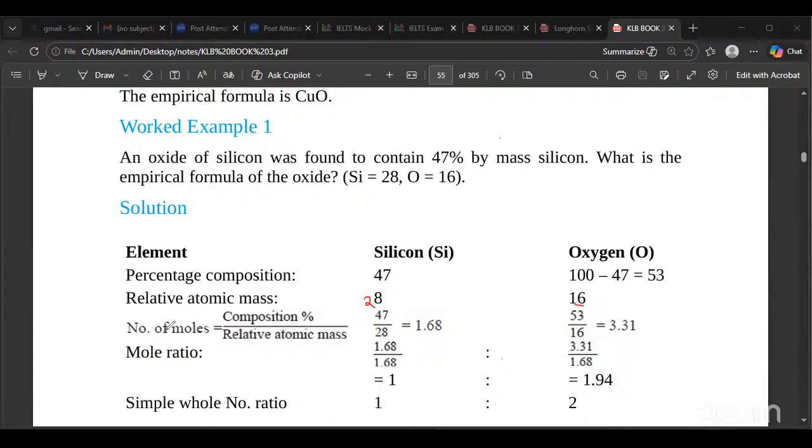So the number of moles now is the percentage composition over the relative atomic mass. If you are not given the percentage, you are given the actual mass in grams. So sometimes you're given the mass in grams, sometimes you're given percentage composition. Now, and then you get the answer. You get 1.68 when you divide. You can confirm. And this one you get 3.31. Let us confirm so that we don't go wrong.